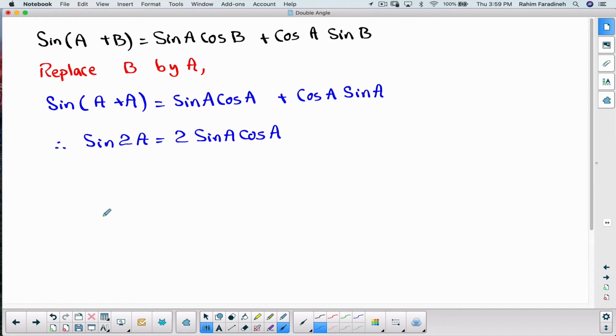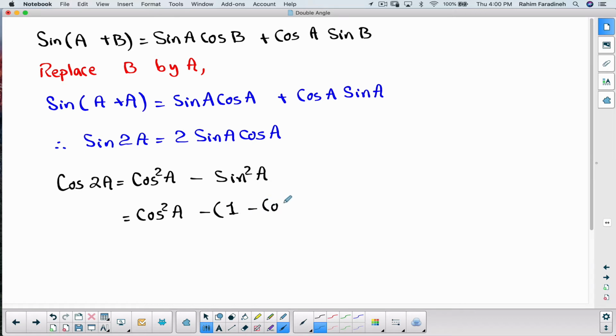Now, with similar work, we can show that cosine 2A is equal to cosine square A minus sine square A. But this formula has other variations. For example, if I change the sine square A to 1 minus cosine square A, and we do a little bit of work, we're going to get 2 cosine square A minus 1.